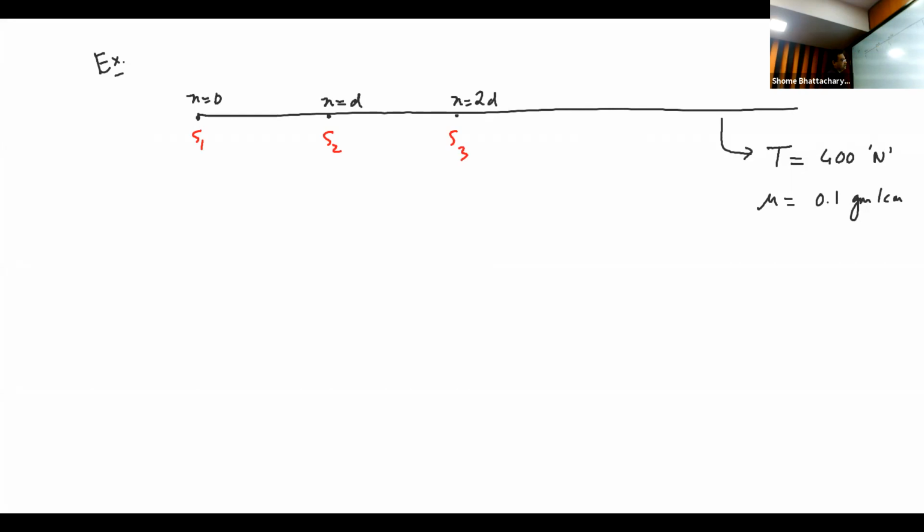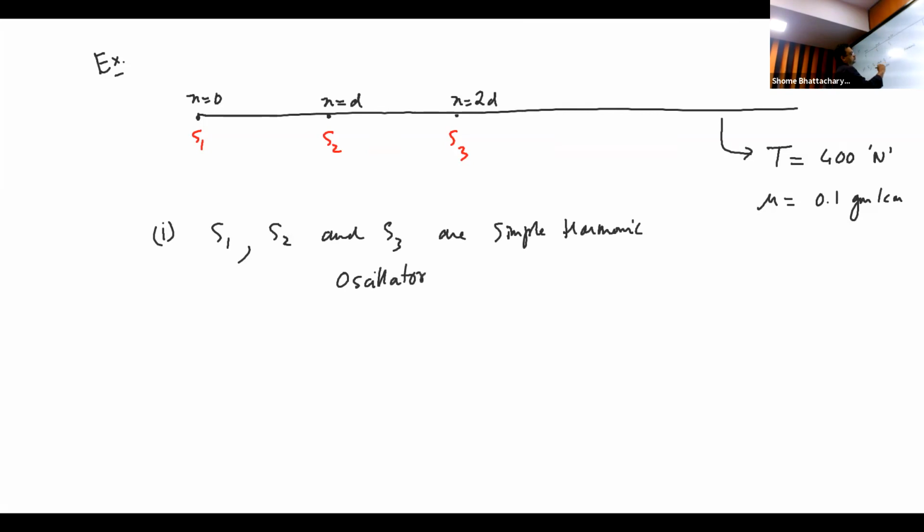Okay. So in the first part of the question, we'll assume that S1, S2 and S3 are simple harmonic oscillators in phase.